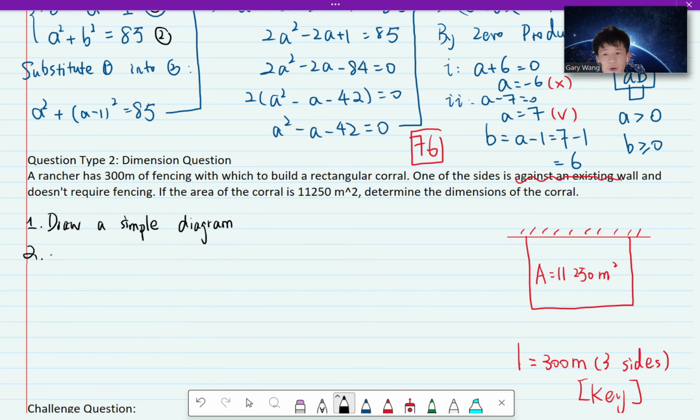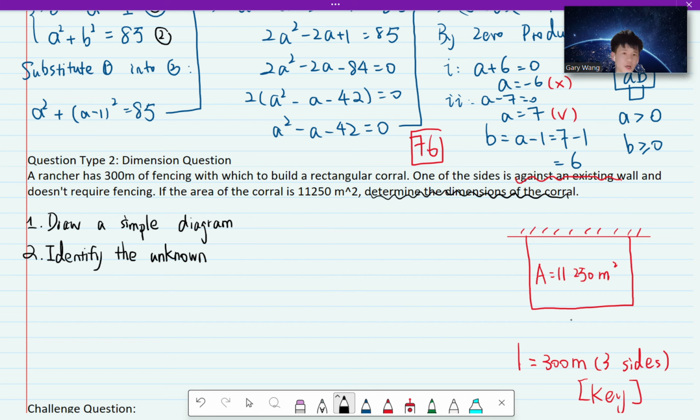Our second step would still be to identify the unknown, because our general goal for application of this kind of question is to find the unknowns, construct an equation, and solve the equation to find the value of the unknowns, thus answering the question. So what we are looking for in this question is the dimensions of the corral.